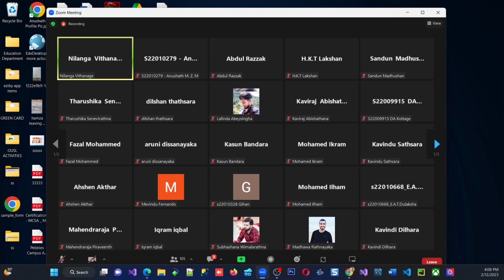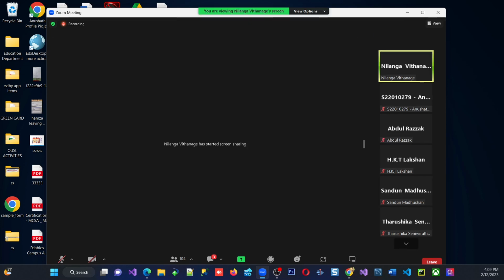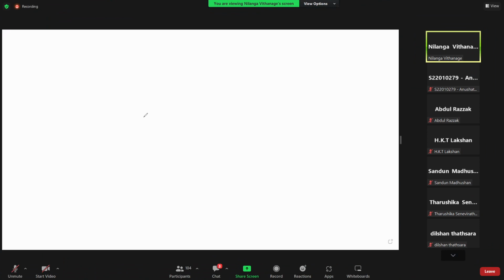So as an example, let's say you have a 4-bit binary number 1, 1, 1, 1. This is the highest number you can get if it's a 4-bit number, right? So what is this number? This is 2 to the power 0, this is 2 to the power 1, 2 to the power 2, 2 to the power 3. This is 1, this is 2, this is 4, this is 8.